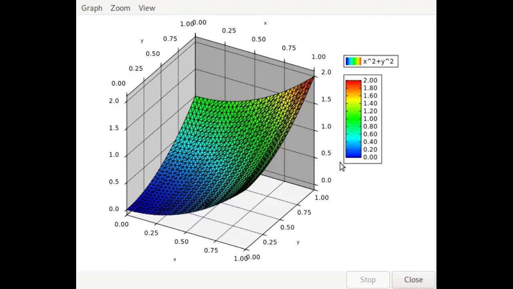So here is the graph. I plotted it where x is between 0 and 1 and y is between 0 and 1, and you notice that the function has a minimum at the origin and a maximum when both x and y are 1.